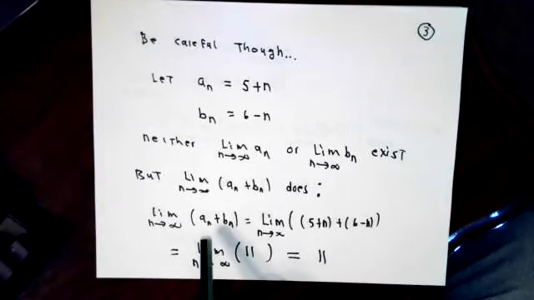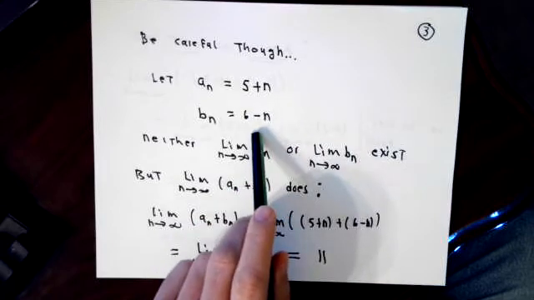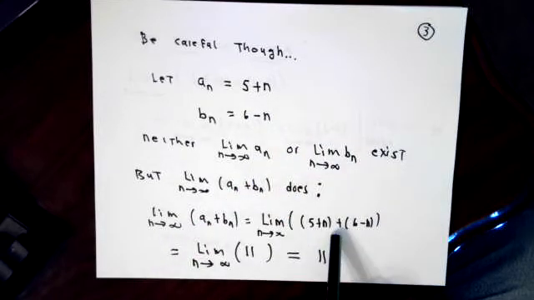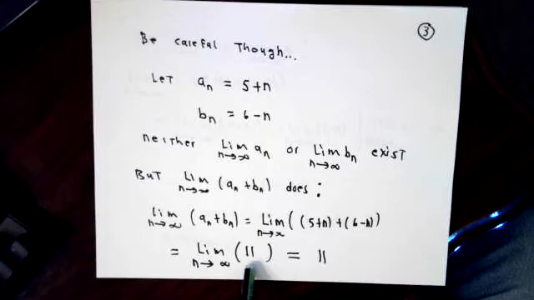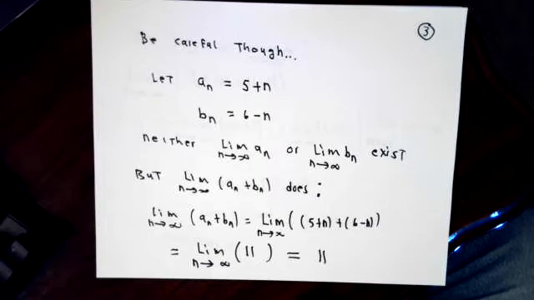If you think about having some individual AN plus BN, it's going to be 5 plus n added to 6 minus n, which is 11, and the limit as n tends to infinity of a constant, something that doesn't actually depend on the n, is the constant. So the limit of AN plus BN exists and is 11, even though the limits individually don't make any sense.